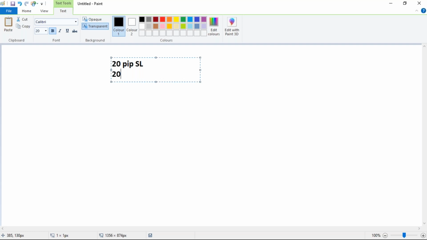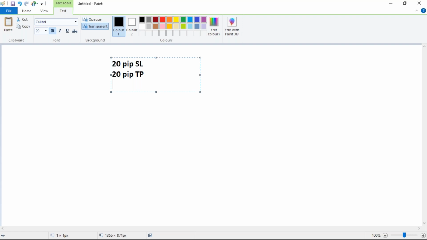Okay, we'll also put in a 20 pip take profit. So we'll put those in. If either of those gets hit, we would regard it as well played. However, clearly a 20 pip stop loss is the worst outcome here that we want to be exposed to.